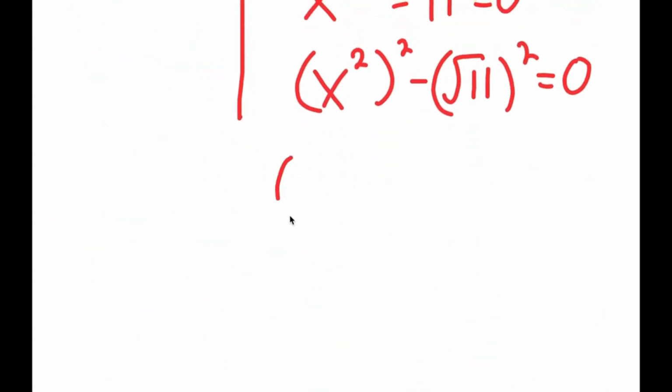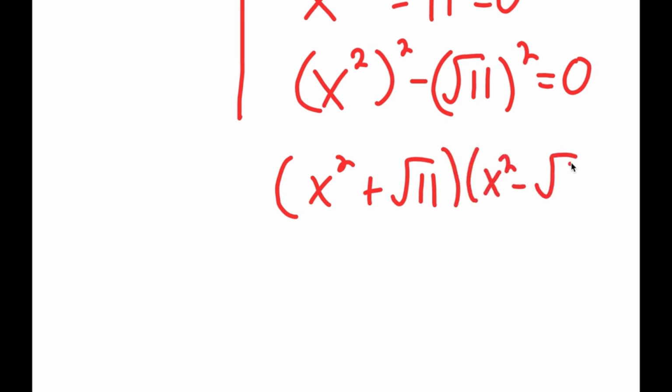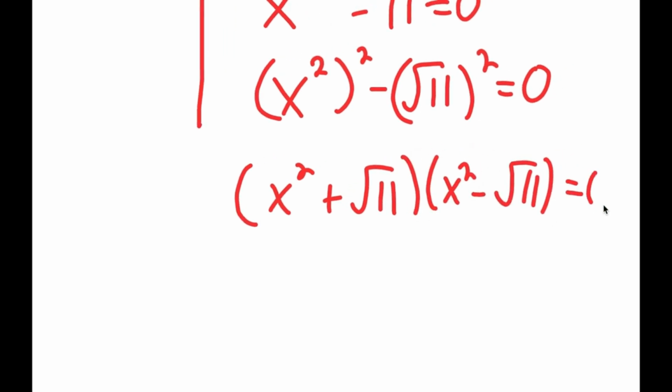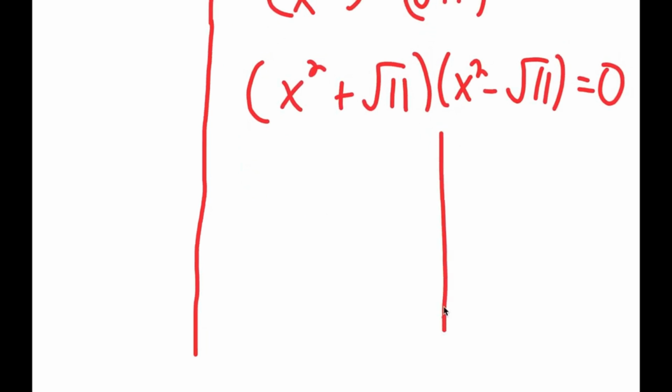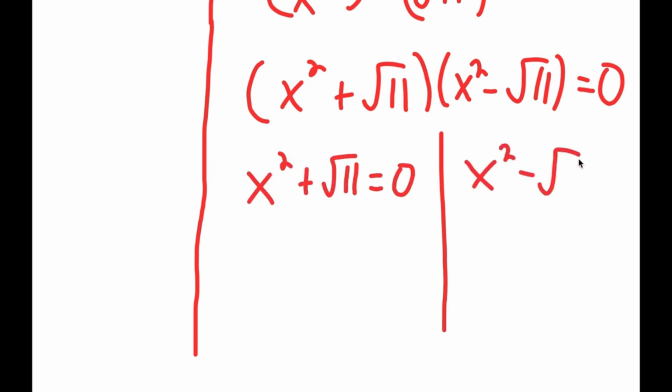So I get x squared plus the square root of 11 times x squared minus the square root of 11 is equal to 0. And again, I get two equations. I get x squared plus the square root of 11 is equal to 0, and x squared minus the square root of 11 is equal to 0.